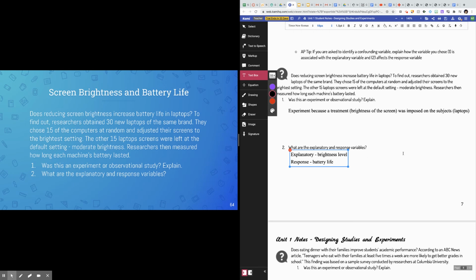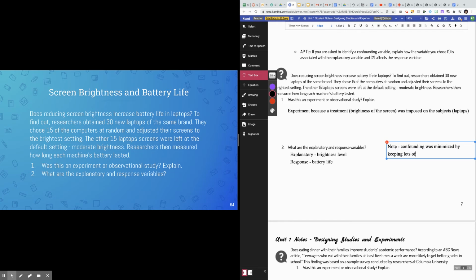And a third thing to note is that confounding was minimized by keeping lots of other aspects that could affect battery life the same for all subjects.